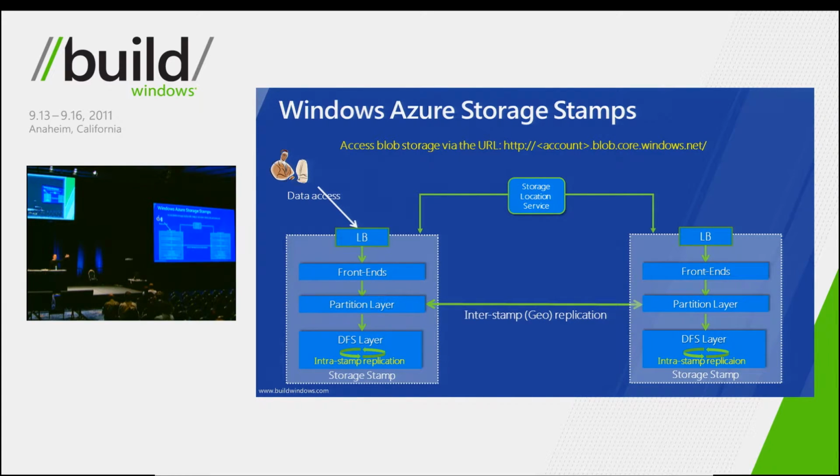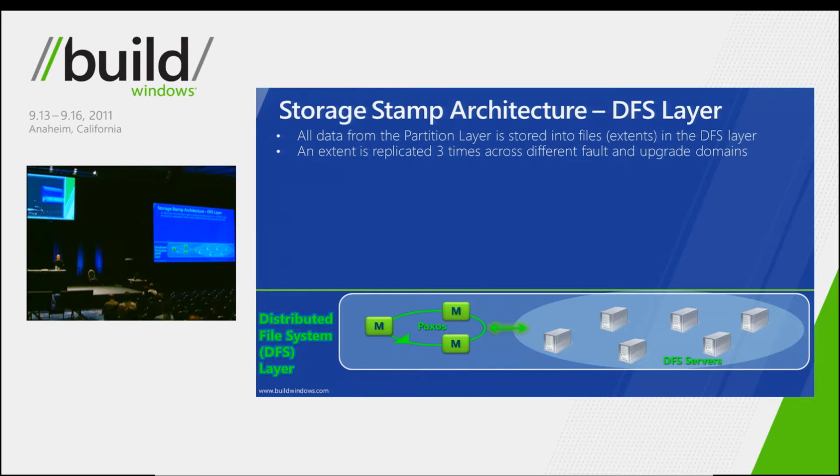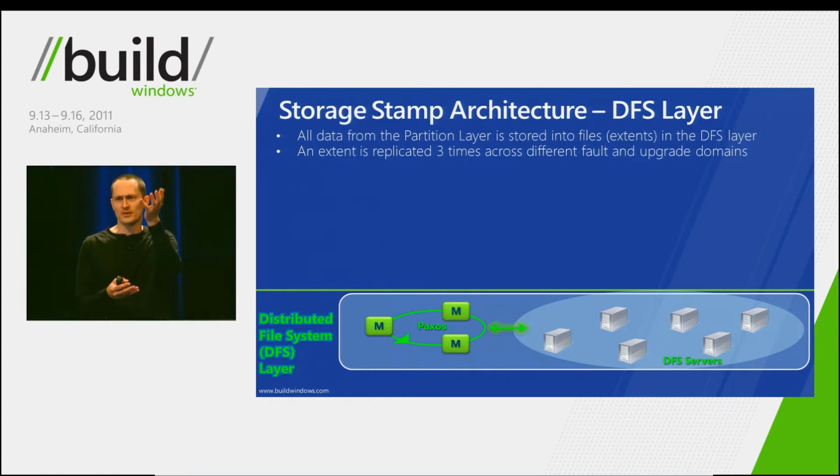Okay. So now what I want to do is dive into some of the details of what goes on within a storage stamp. I'm going to talk about the three layers, starting with the lowest layer, the DFS layer. So the lowest layer here, you can think of this as a distributed file system. This provides an interface for the upper layer, the partition layer, to store its files into. And it's responsible for making those files durable. We call these files extents.